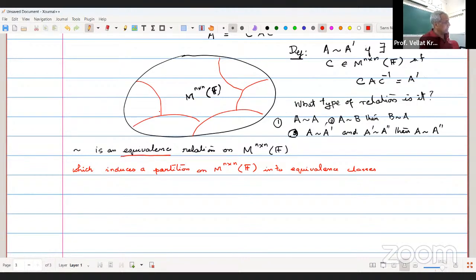If you take A from one class and B from another, A is not related to B. So you have a partition.